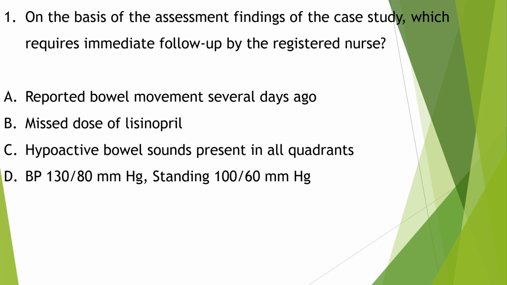So here, the decrease in blood pressure when changing from a supine to a standing position is indicative of decreased intravascular volume that requires immediate evaluation due to the patient's complaints of lightheadedness when changing position. So in lying down and in standing, there is variation in BP which needs to be evaluated.